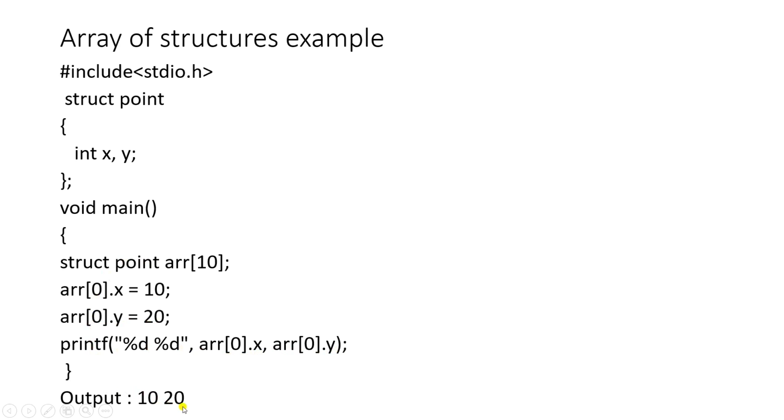Output will be 10 and 20. Similarly you can print array 0 to array 9. So 10 different array locations are there, array indices are there, and in each index you will be storing different x and y values. So this is how you can access data from an array.